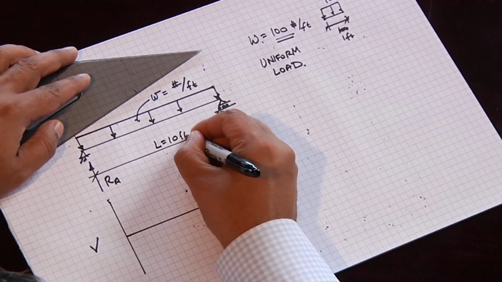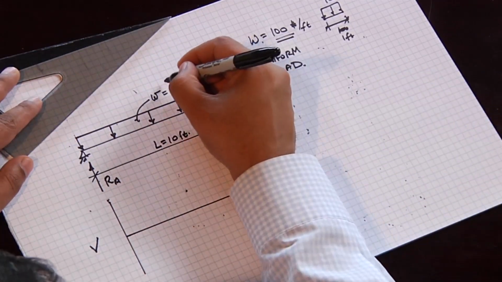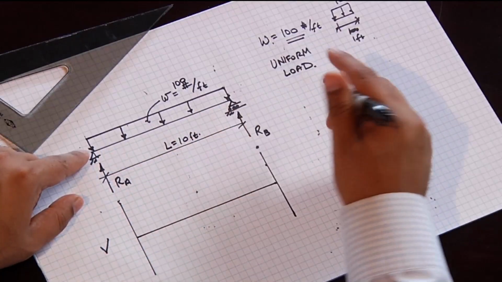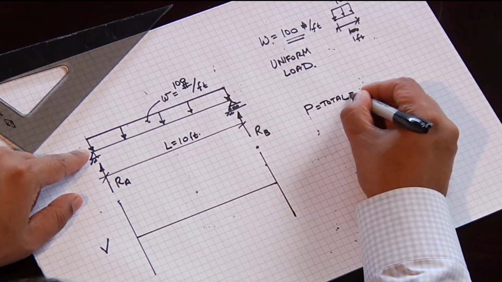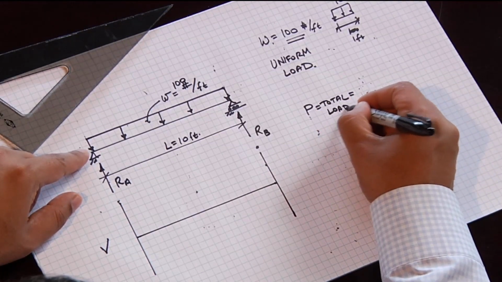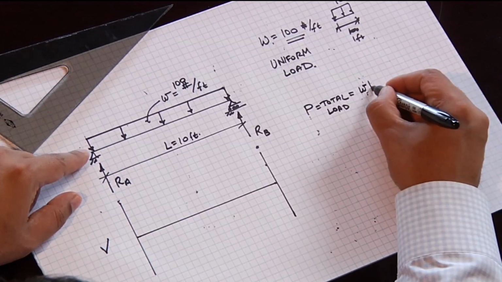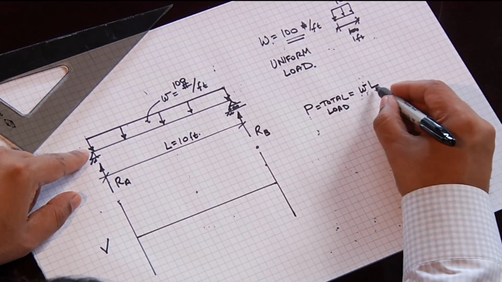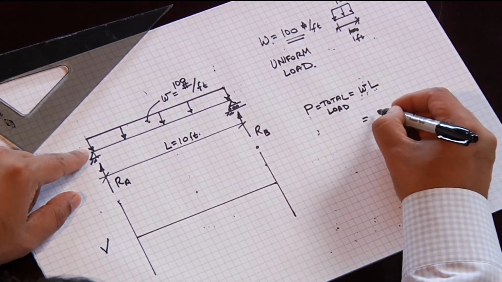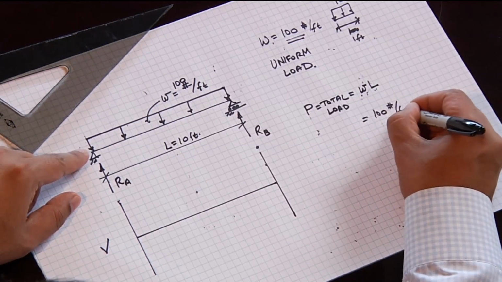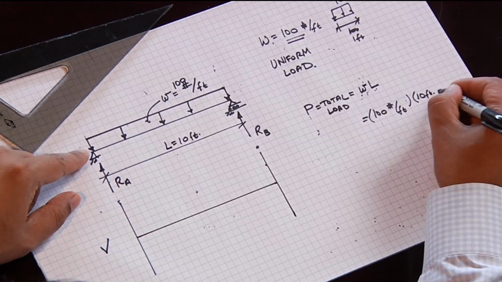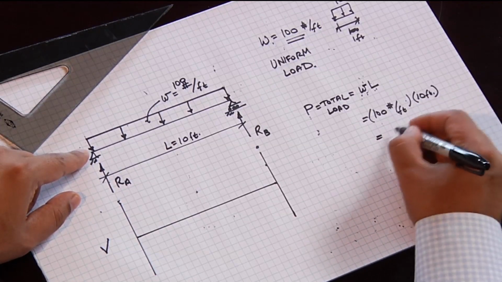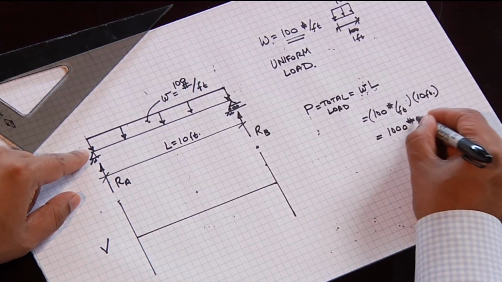We'll make L equal to 10 feet, and we'll make W 100 pounds per foot. The total load, I'll call it P, is equal to the uniform load times the length, W times L. W is 100 pounds per foot times 10 feet, so the total load is 1,000 pounds.